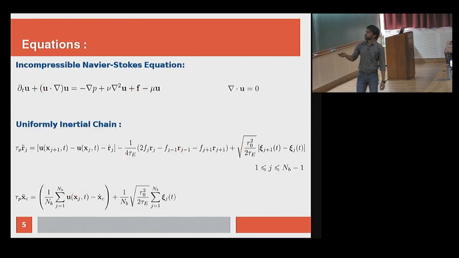And this is a thermal fluctuation that we apply externally, just to ensure that in a stationary fluid the springs don't collapse to a point. To have a finite equilibrium length, we apply white Gaussian noise, which sets the equilibrium length of the chains.